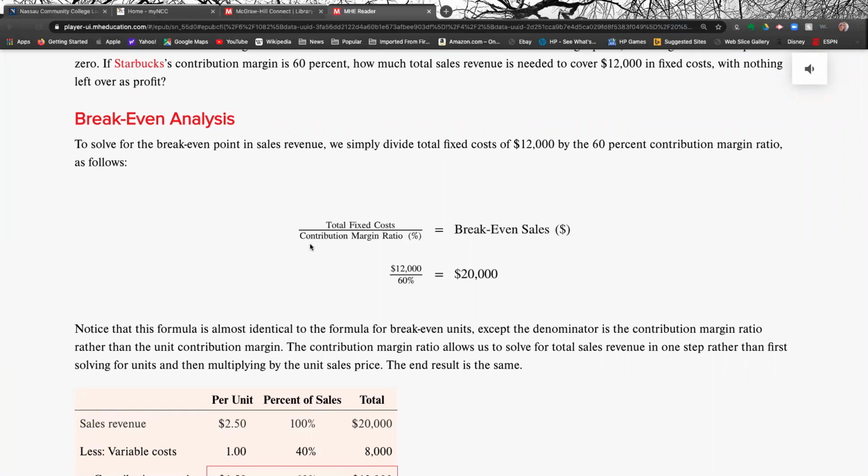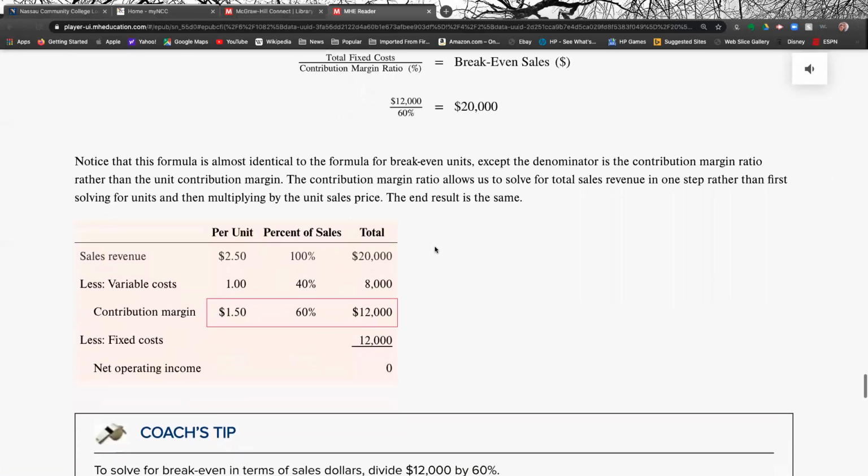Now, if you took the first example, 8,000 cups times $2.50, you would come out to the same $20,000. But remember what I said earlier. Sometimes they won't tell you everything, and you'll have to use one method or the other to get your answers.